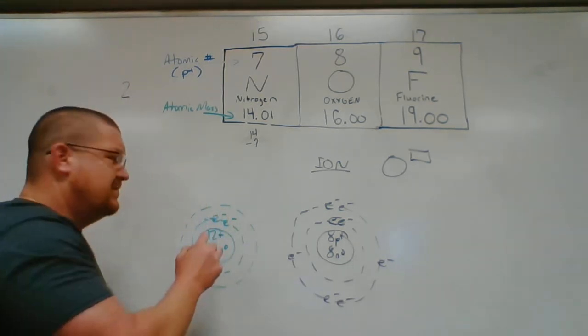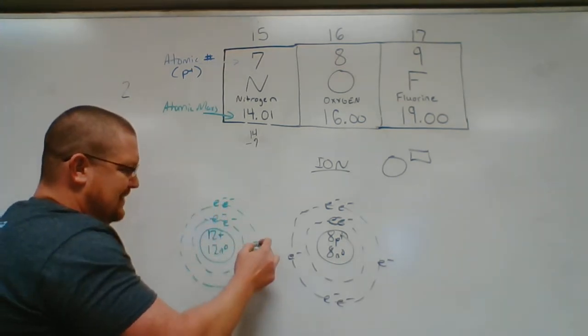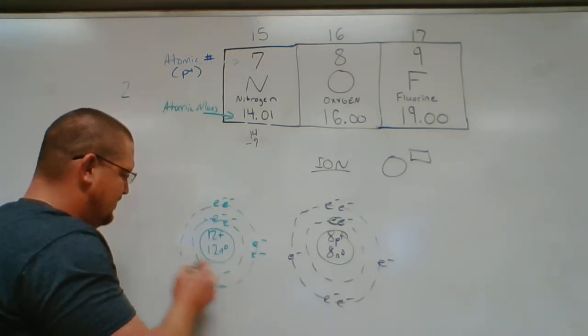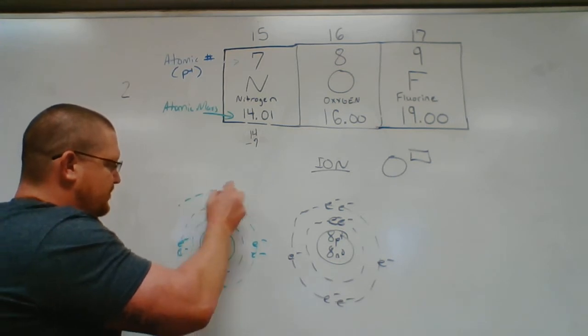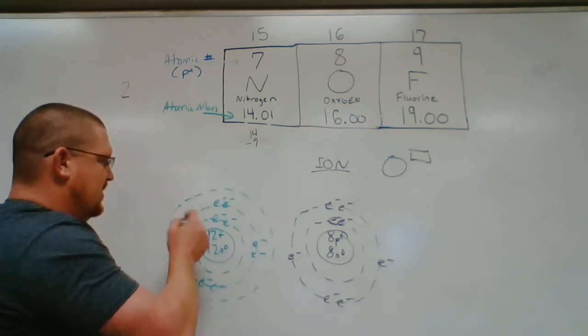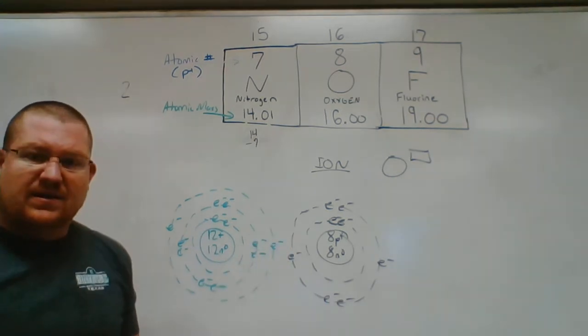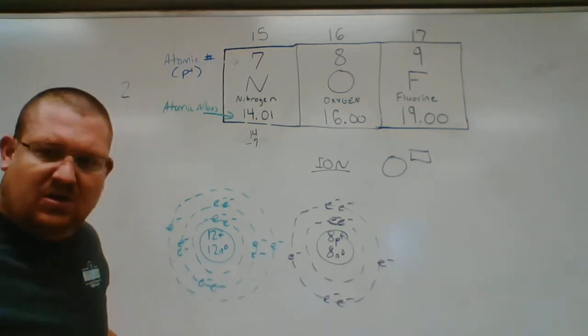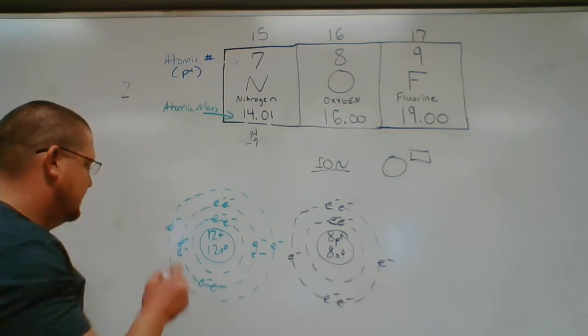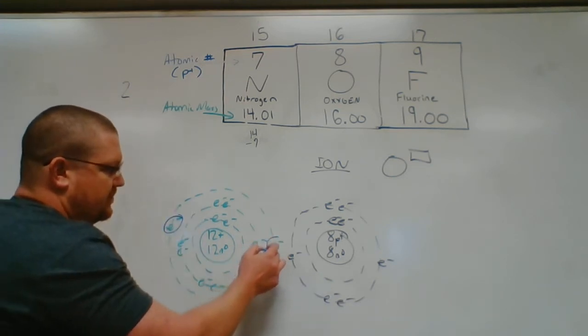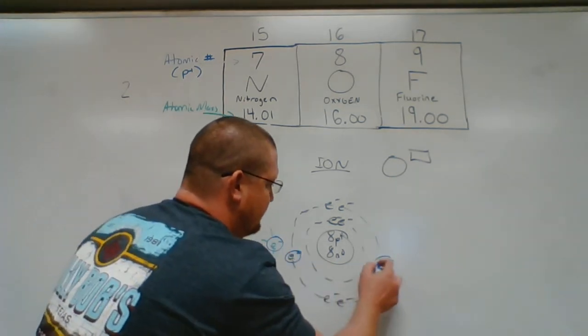It has a full 8 in the second level. And it has 2 out here in the valence level. So our valence electrons are here. Okay, these are all our valence.